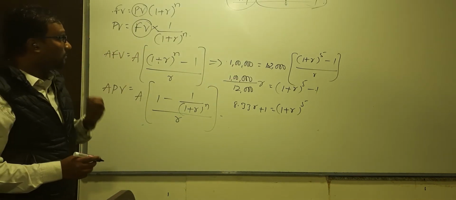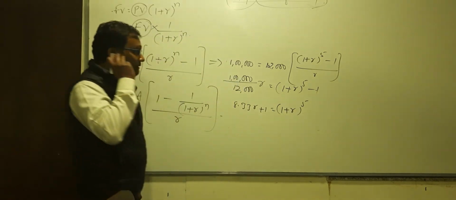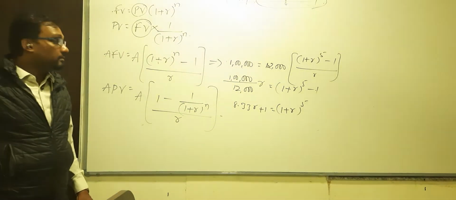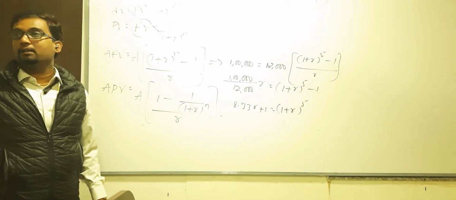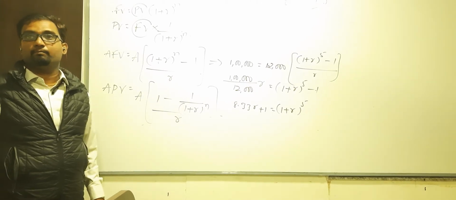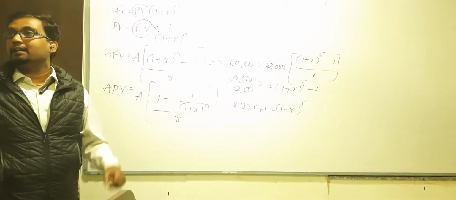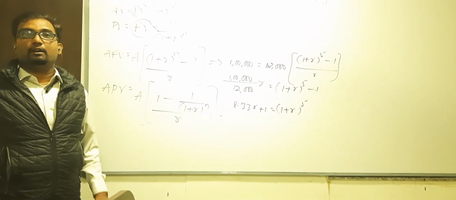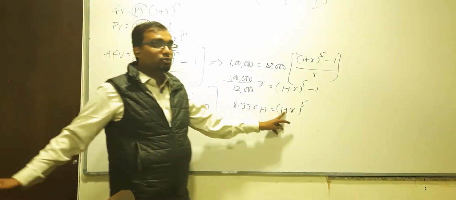When you are calculating this value, you have to go for the trial and error method. You cannot get the r value directly. Assuming you would have heard about the IRR, internal rate of return concept, you need two interest rates.